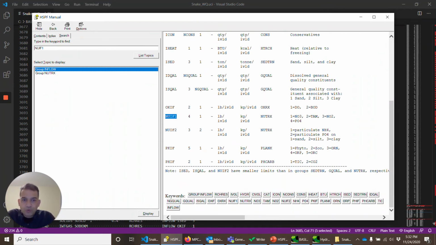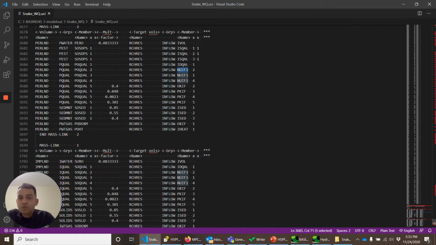NUIF1 subscript 1 is nitrate, 2 is total ammonia, 3 is nitrite, 4 is phosphate. So the second quality constituent is ammonia, which goes to NUIF1-2. Third is nitrate. Fourth is phosphate, going to phosphorus.